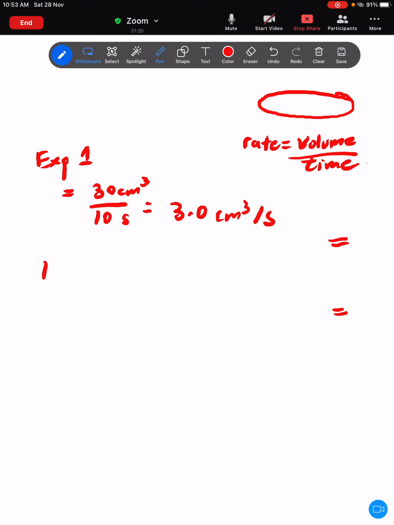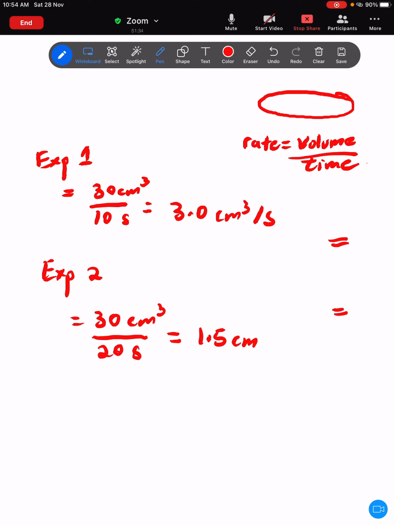On the other hand, experiment 2 has the same volume, 30 cm cubic, over 20 seconds. Then you get 1.5 cm cubic per second. Bingo. That's it.